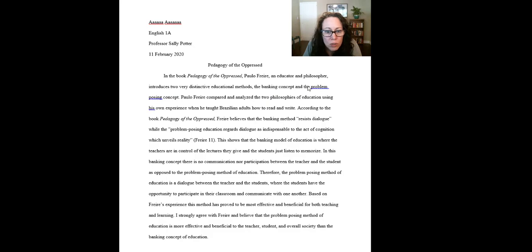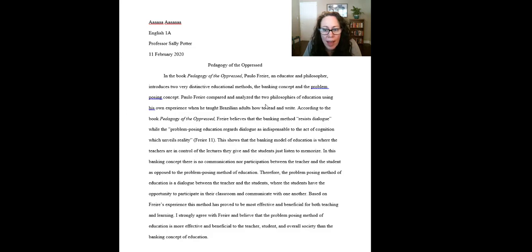We don't get anything about Brazil, but that comes in the second sentence, so that's okay. But we do get the name of his book. We know that he's a writer of this book. And then more importantly, we also get the names and just barely introduced to the two types of education: banking concept here, problem posing concept.